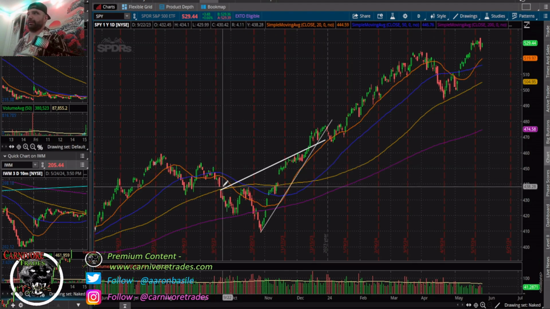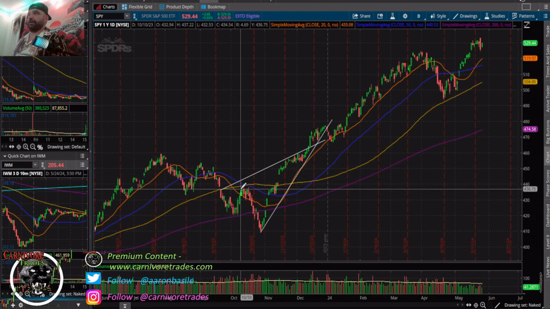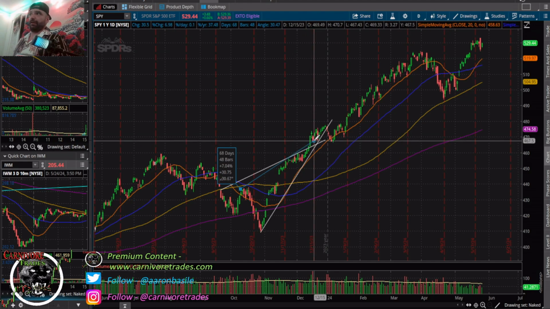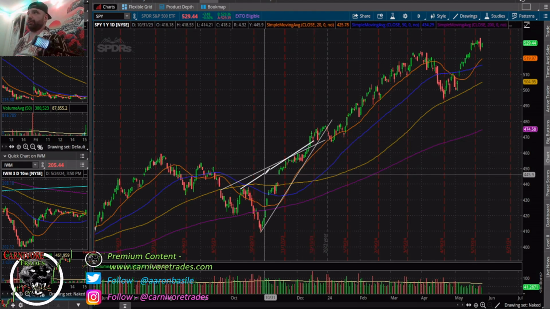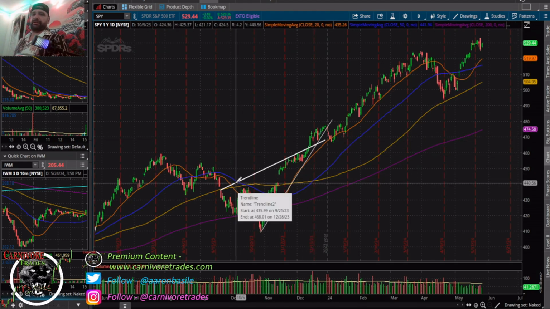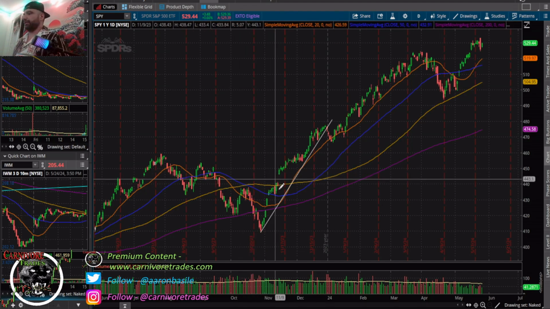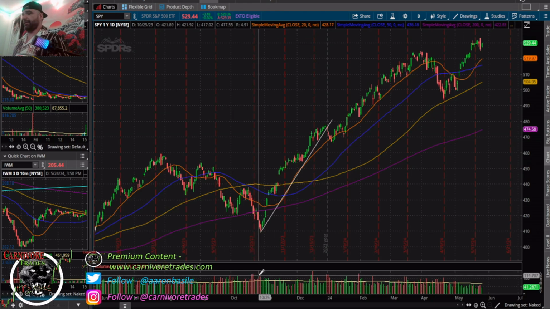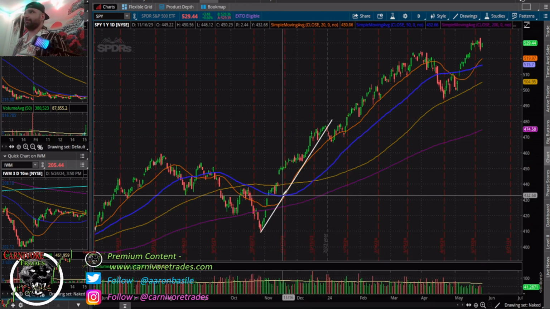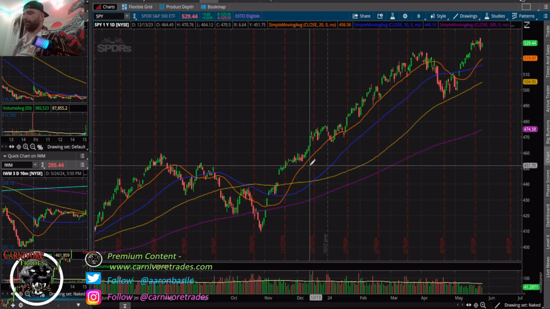If you wanted to draw it from here, then I could see it, and even then it kind of failed anyway. But dude, don't draw it from a gap. Please don't do that. It's got to be from a pivot where price goes up or down, and stops and then goes the other way. That's beyond Bush League. So those are going to fail. I don't think I've ever seen one of those actually work, unless it was incidental.